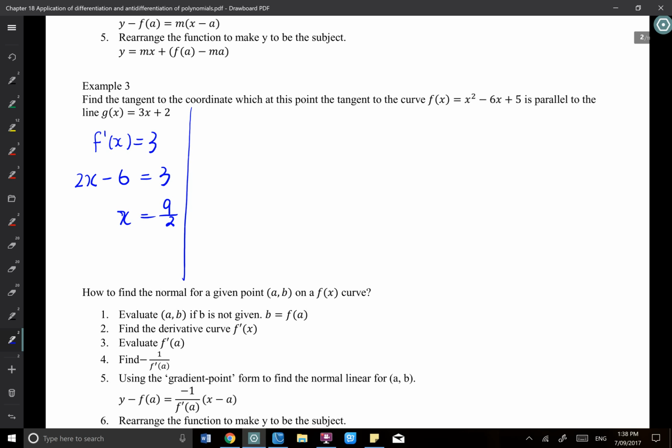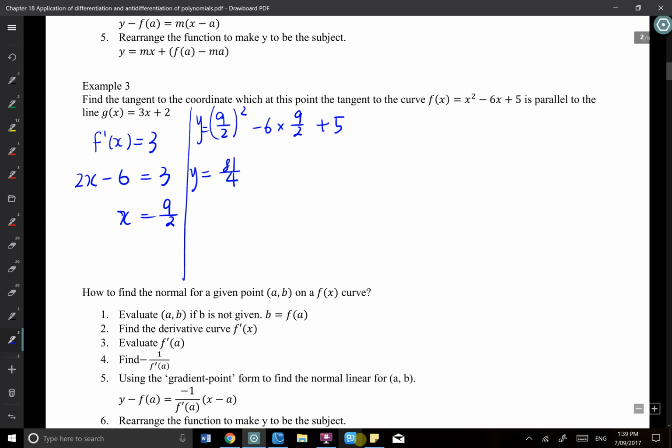I need the y value of the contact point as well, so I'll look for y. Well, I have -7/4.